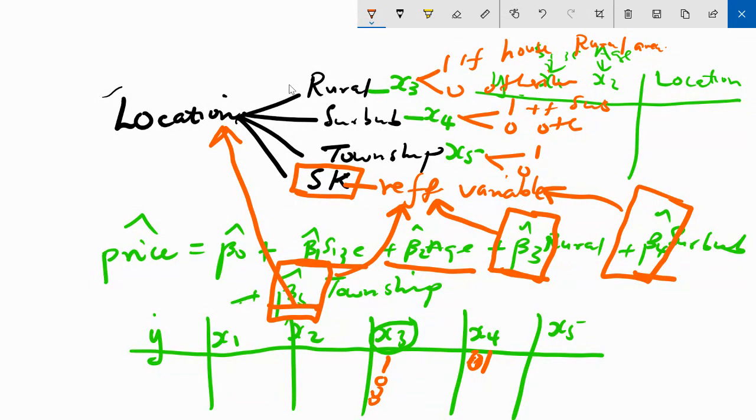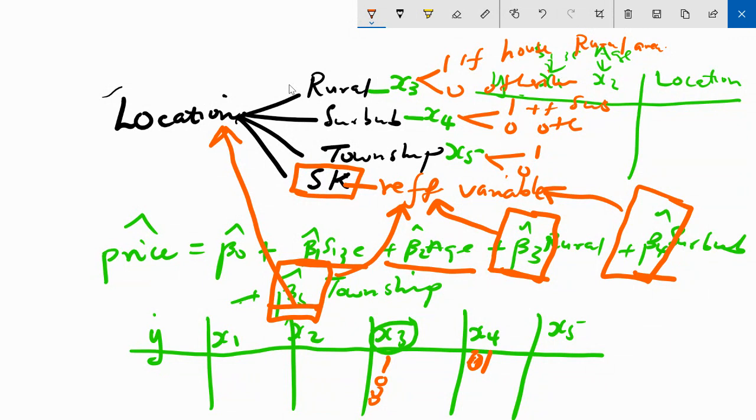Also, when you are interpreting beta 4, you will say that holding constant the other independent variables, when the house that you're buying is from suburbs, you expect the house to cost so much compared to a house which is from what? Squatter camp.